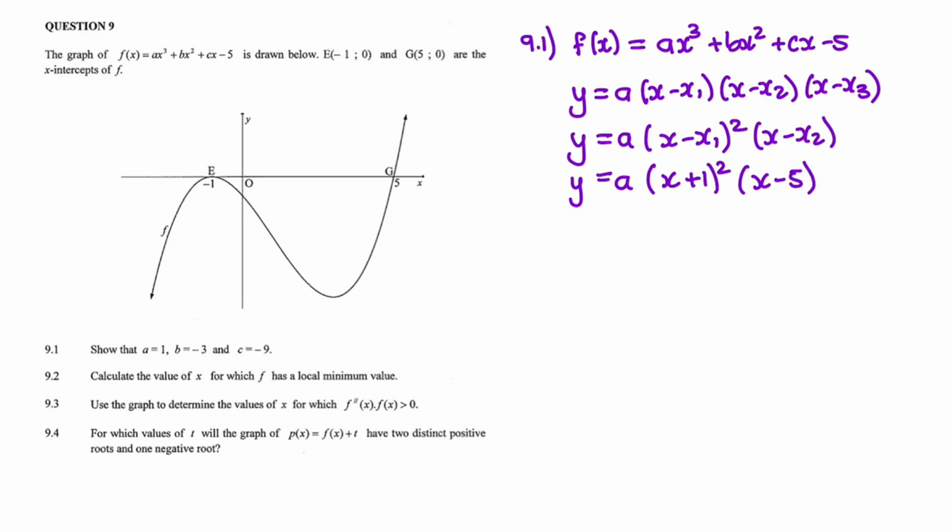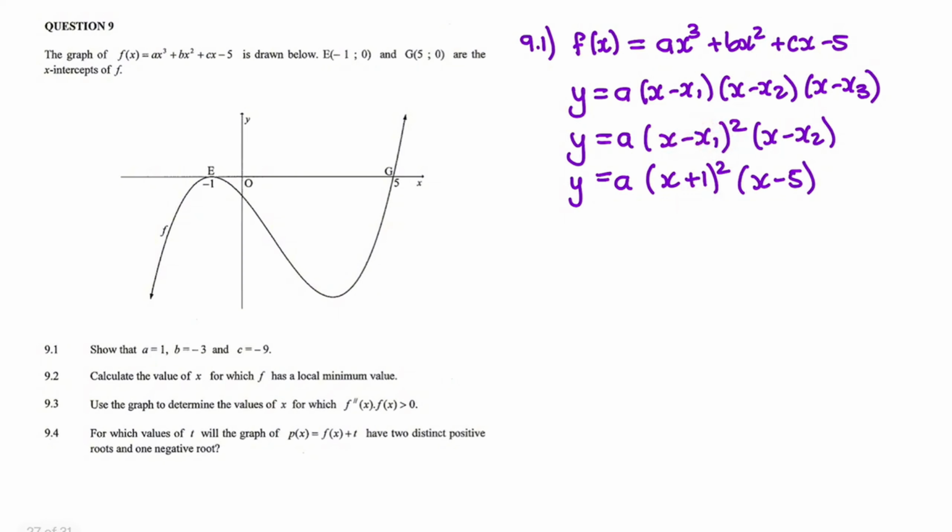The reason I put in the plus 1 with the square is because that represents the turning point, or the stationary point, of E. So E equal to negative 1 represents both x1 and x2, the intercept that repeats, because the turning point is on the x-axis. And remember, it's minus x1, so it is minus negative 1, and that's why we have plus 1.